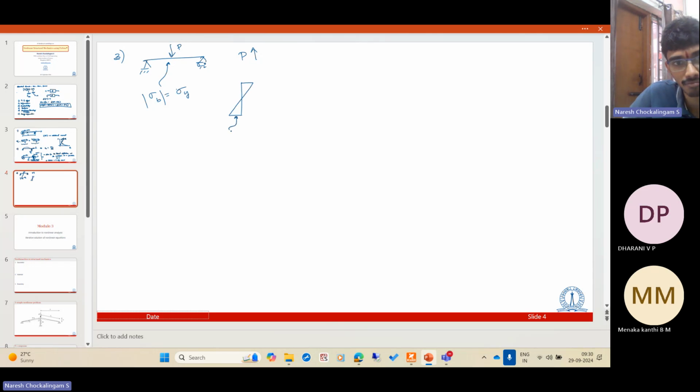Once the bottom reaches the yield stress, the actual part of the section that is contributing to the stiffness is only so much. When it is yielded, the stiffness is zero, if you assume it is perfectly plastic. Eventually if you keep increasing the load, it becomes this, and you have a plastic hinge.